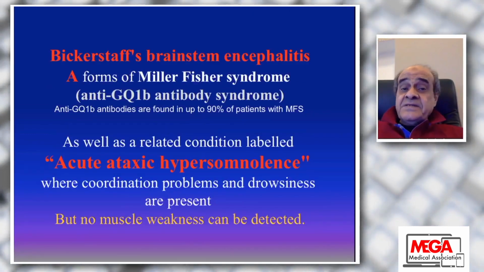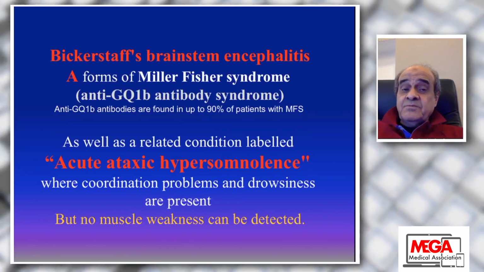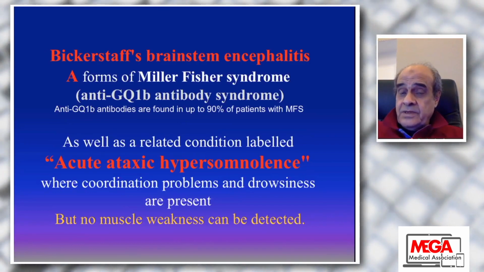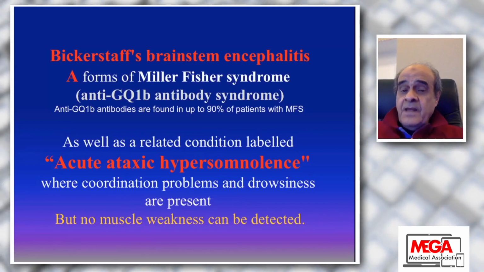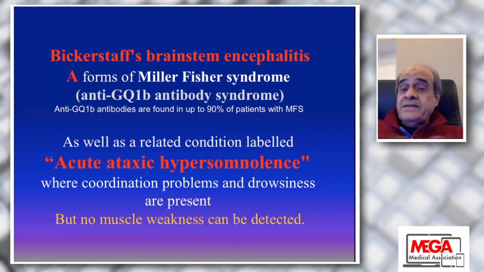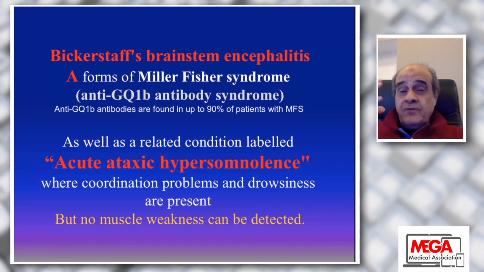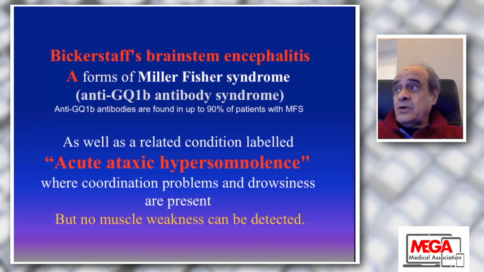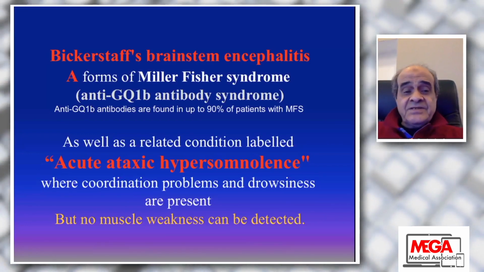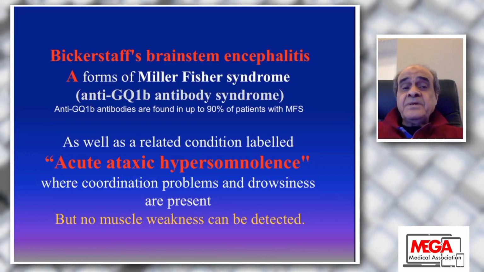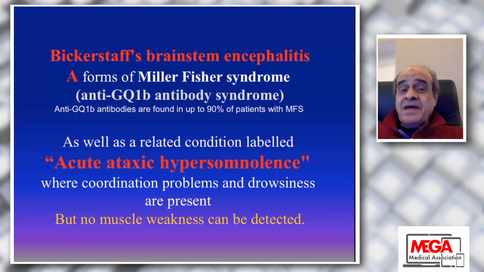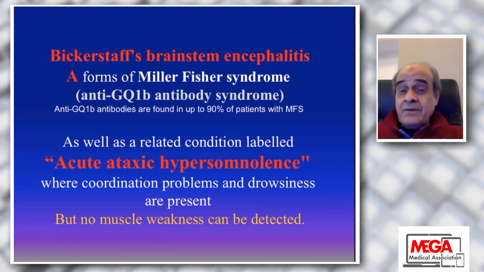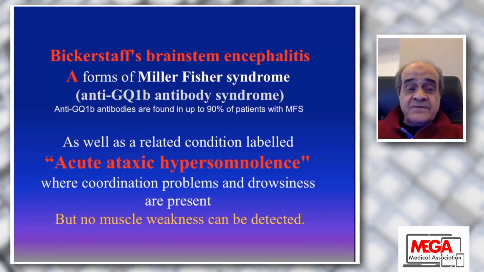Bickerstaff brainstem encephalitis, as I told, is mostly like Miller-Fisher syndrome, also included in Guillain-Barré syndrome, which is diagnosed by areflexia, ataxia, and ophthalmoplegia, in addition to some pyramidal affections or loss of consciousness. In such situations, maybe there is too much antibody against the gangliosides in the axolemma of the peripheral nerve.